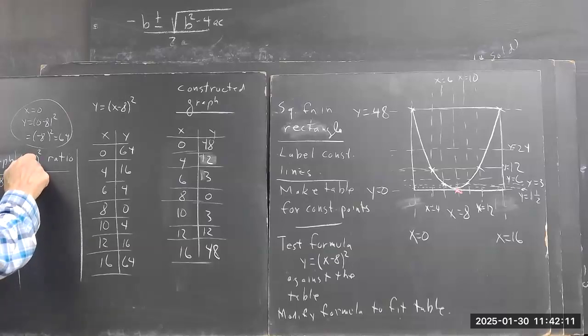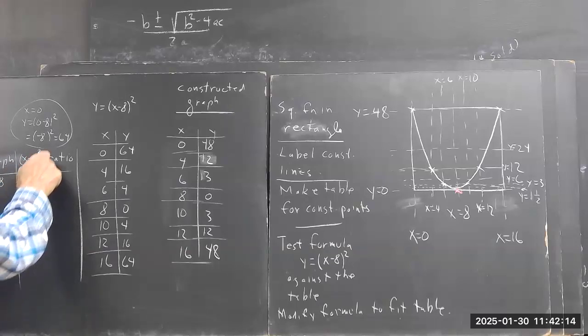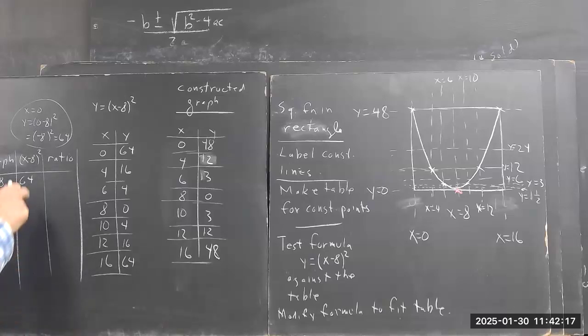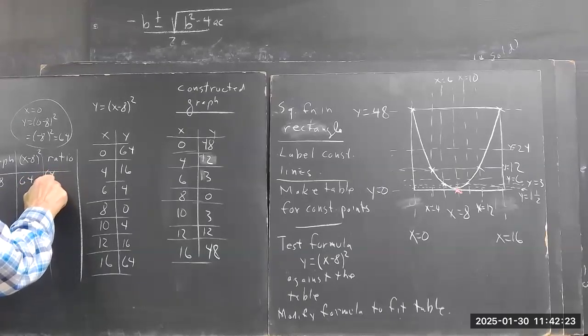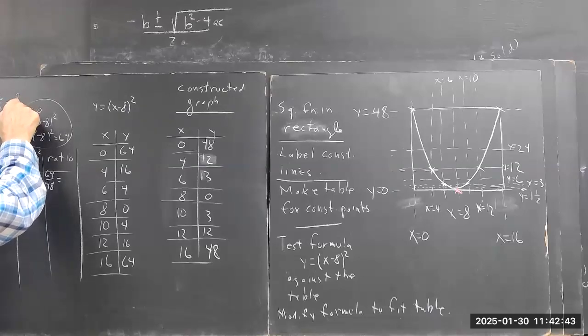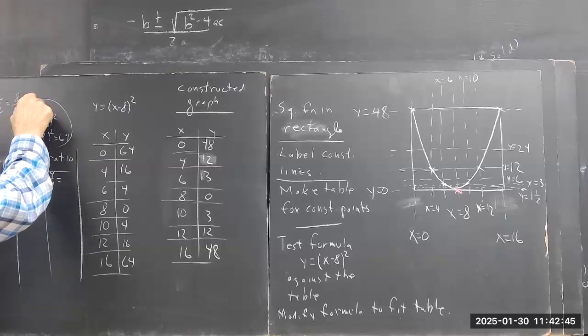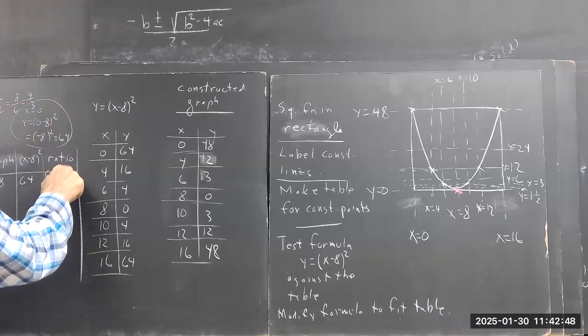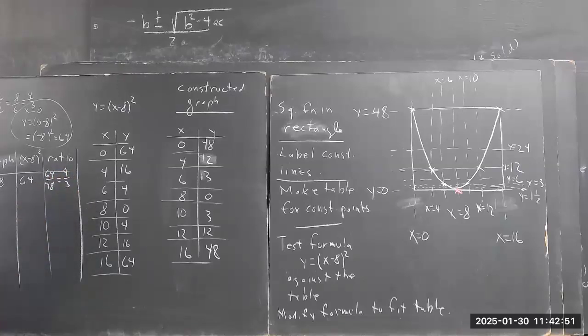Graph gives you 48. X minus 8 squared gives you 64. Ratio, what's 64 divided by 48? You can reduce that fraction. Well, you could divide both of these by 2. That would give you 32 over 24, right? And you could divide both of these by 2, and give you 16 over 12. And that gives you 8 over 6, which is 4 over 3. The ratio is 4/3.